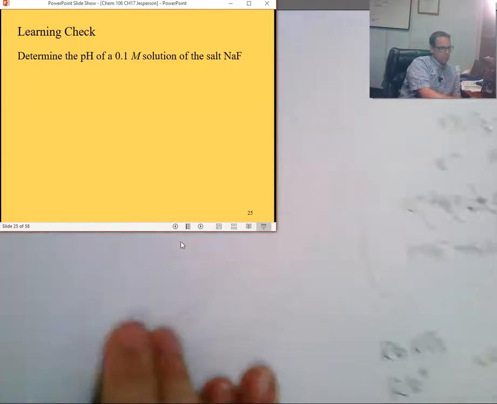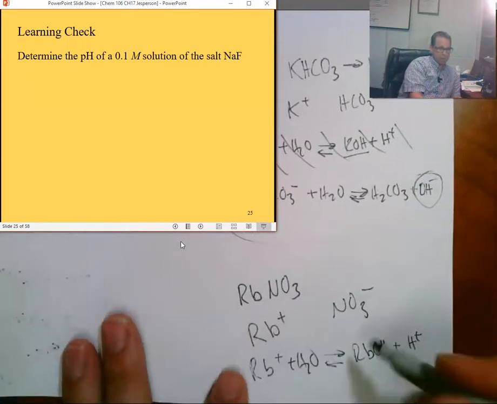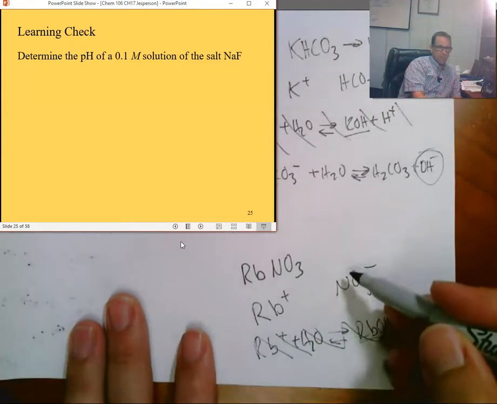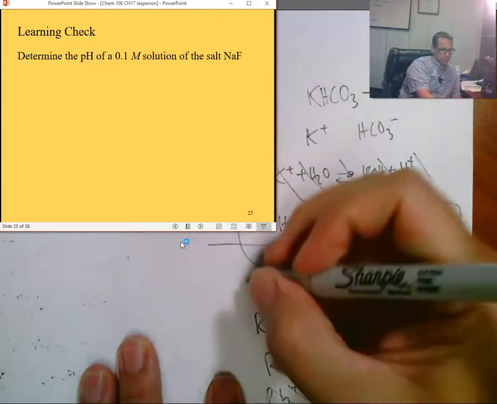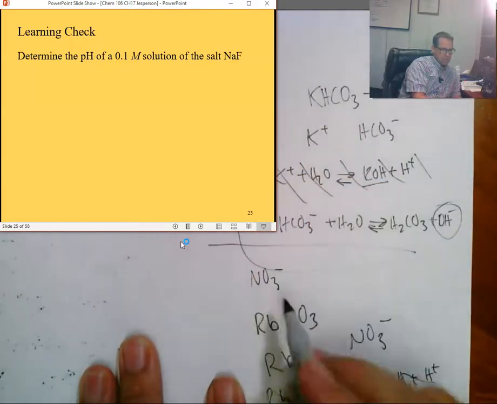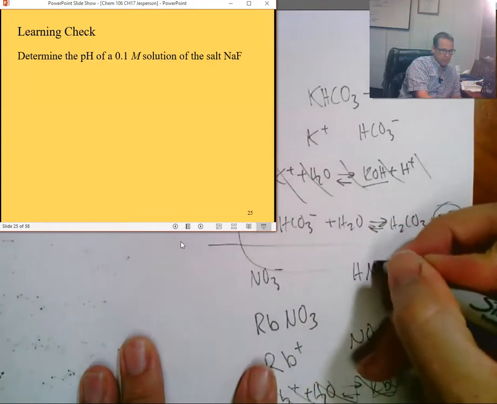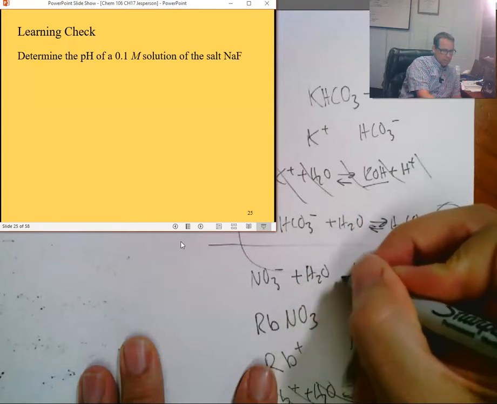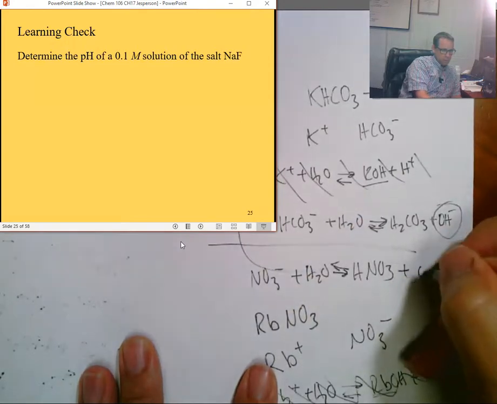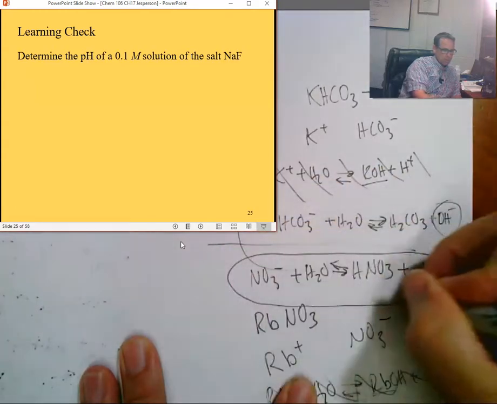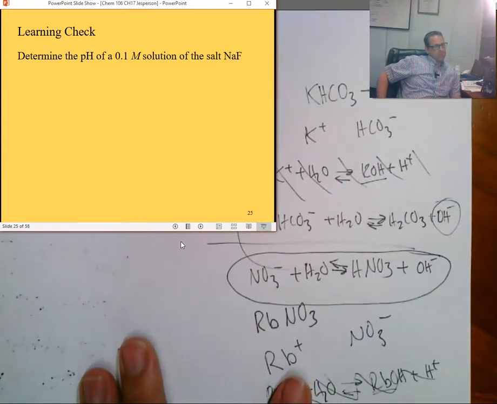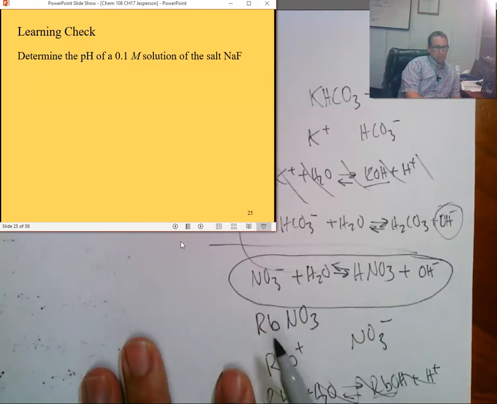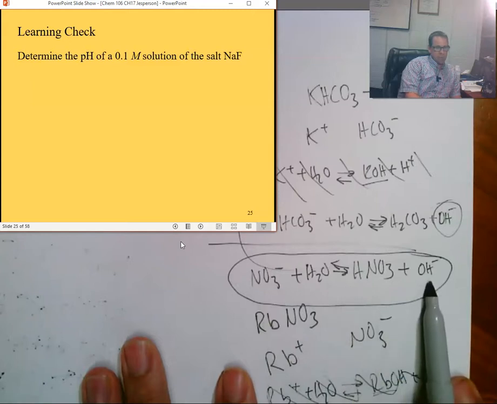All right, but looking at our solubility rules, this is group 1 again, therefore this is not going to happen. The nitrate ion, NO3-, if I were to give that a hydrogen, it would be HNO3, right? That's a familiar acid. H2O and OH-. Things look familiar there. Sarah, what do you think? If I put the nitrate ion in solution in the form of rubidium nitrate, is it going to make the solution basic?